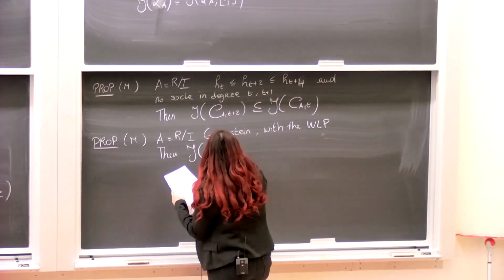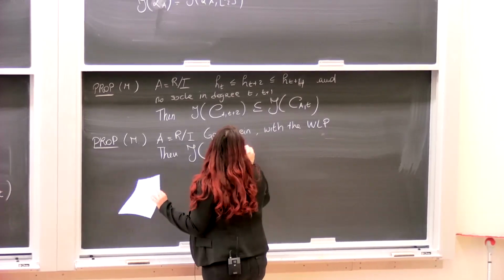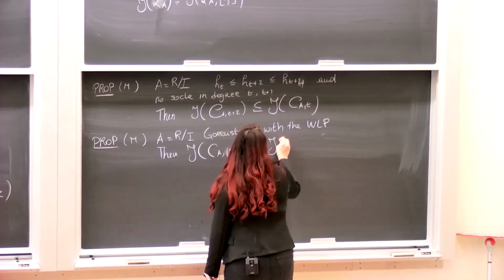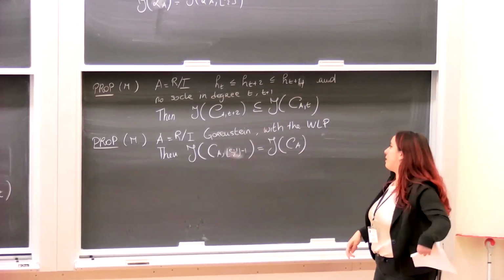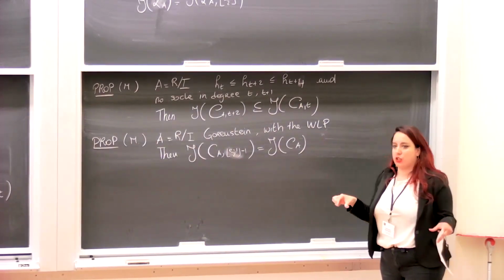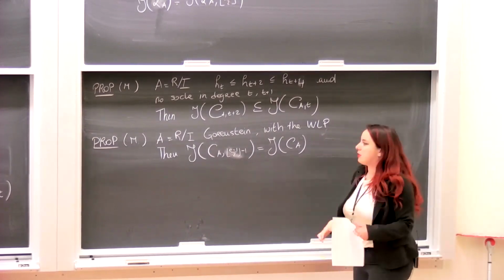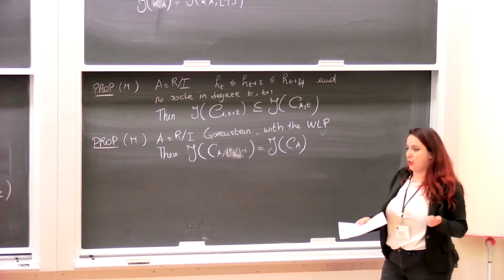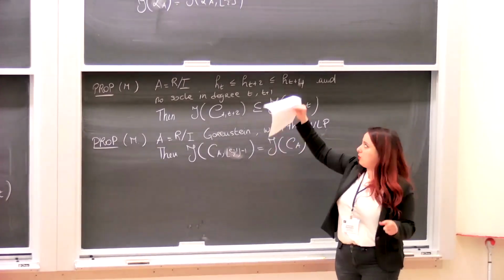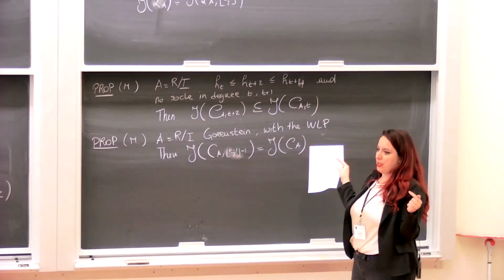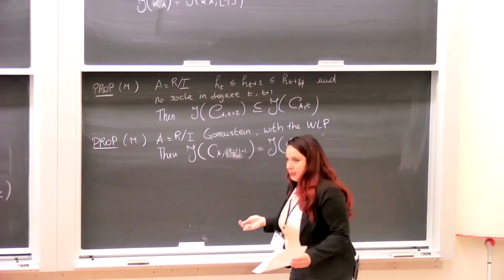So if I have a Gorenstein algebra with the weak Lefschetz property, then it's enough to check the middle degree. I need the weak Lefschetz property because first it will imply the Hilbert function to be unimodal, and therefore I can just check the middle two using that one. But to make a connection between those, I need the weak Lefschetz property in this case.